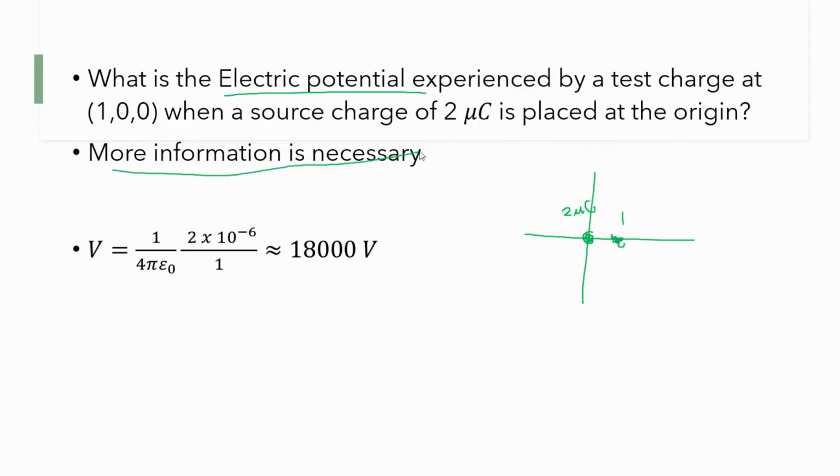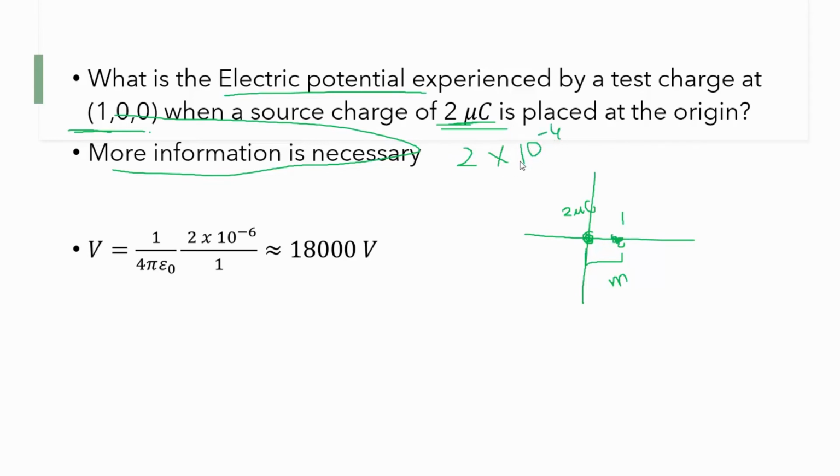Ang tamang sagot dito is more information is necessary. So, ang sagot sa number 50 is E. And that's because of two things. One is itong microcoulombs and the other is yung (1, 0). Kasi di mo alam kung meters yan, kung anong unit nung distance dito sa Cartesian plane. And yung microcoulombs, that's 2 times 10 raised to negative 6.